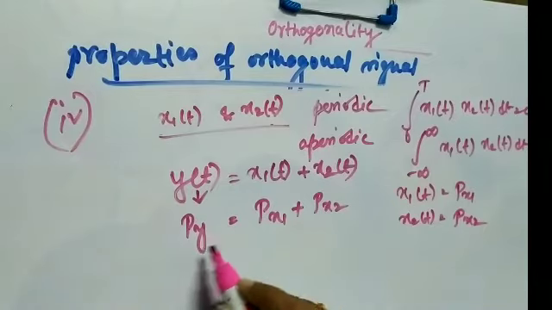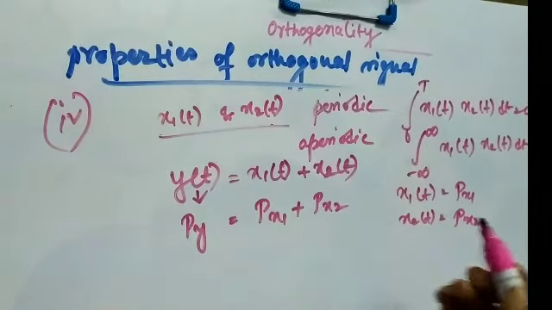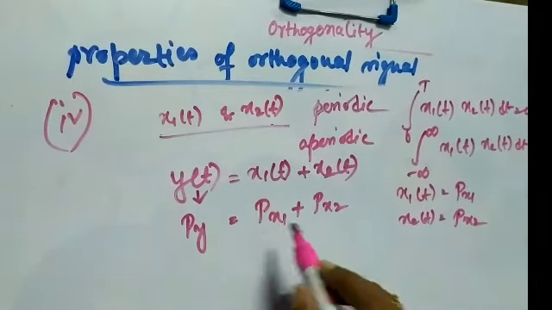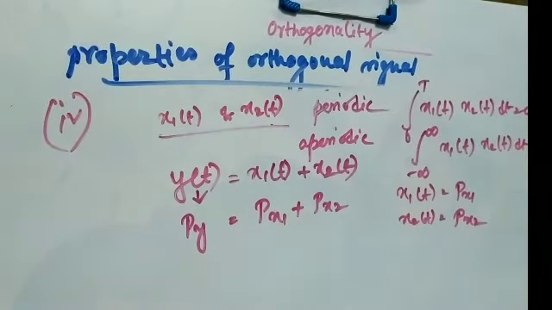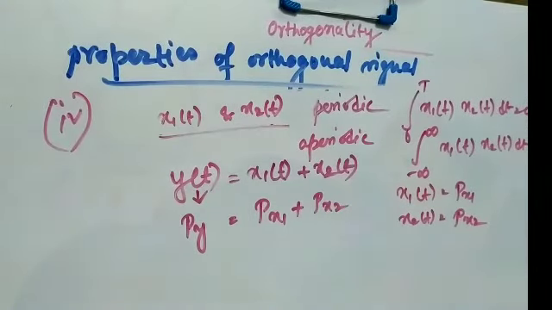Then the average power of y(t) equals the total average power of signals x1(t) and x2(t) if these two signals are orthogonal. This is for periodic signals.